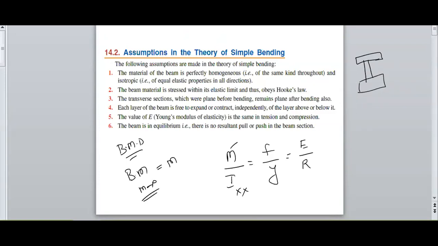I need to find out the centroid of that compound section, and I need to find out the moment of inertia about that axis.